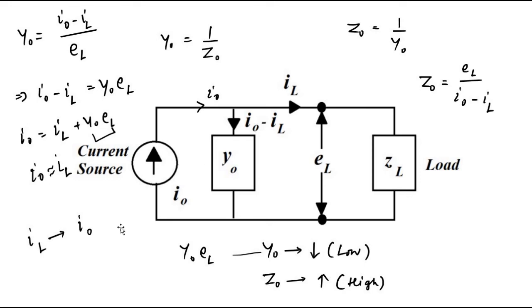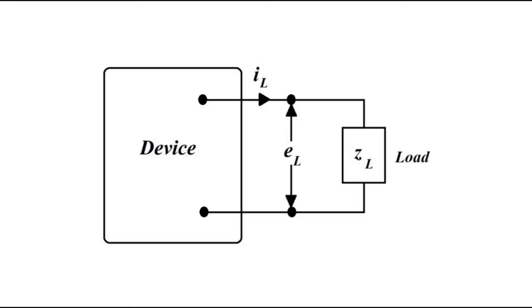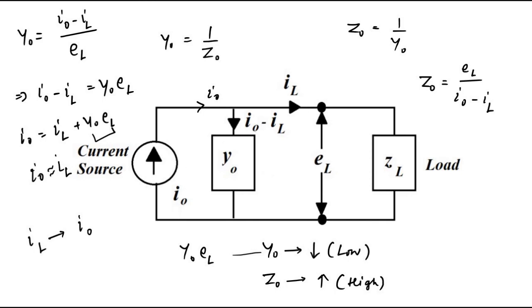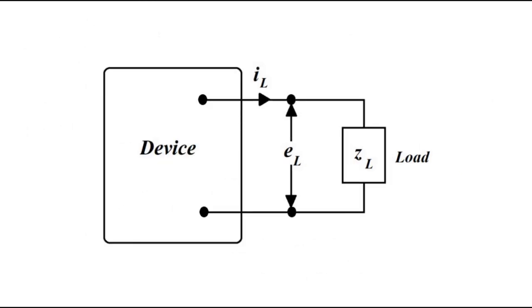Okay, so another way to look at this is that the power loss in this device is simply I0 minus IL into EL, the product of voltage and current when it comes to this device. This device is represented with the help of the Norton equivalent circuit.